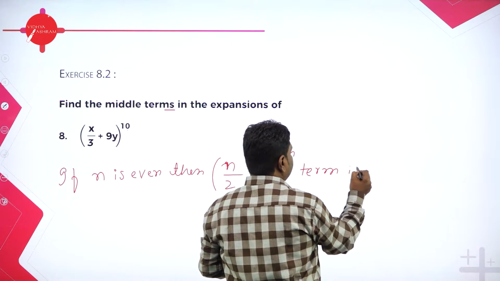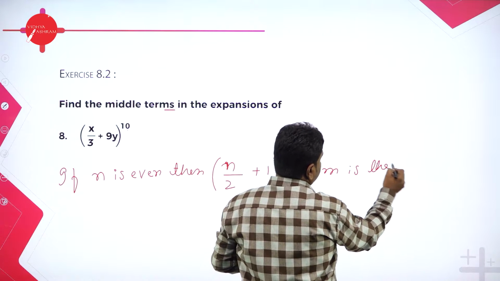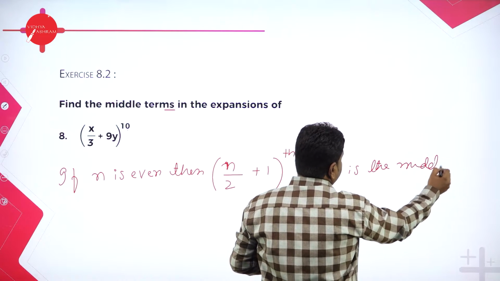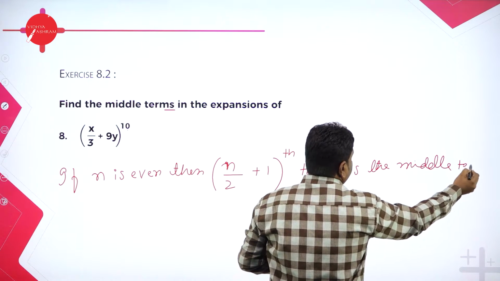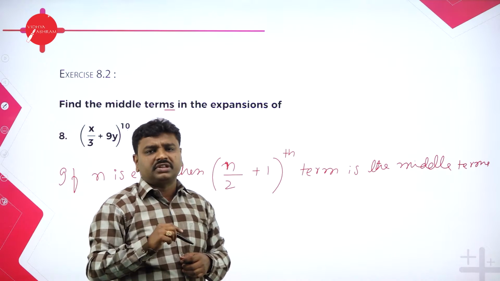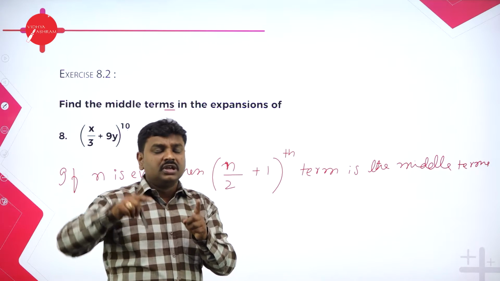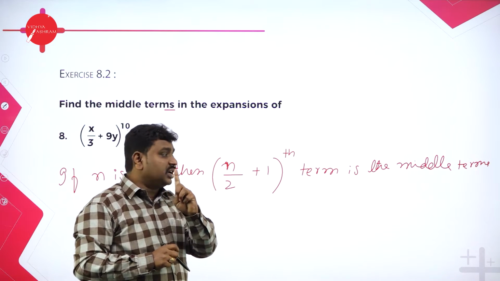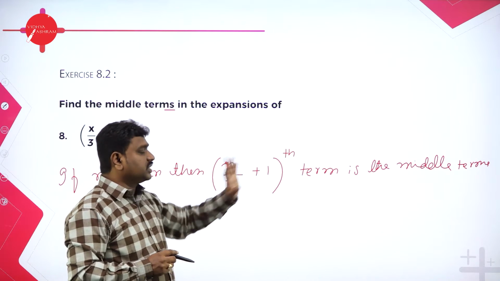So there I taught you, if n is odd, we'll have two middle terms, (n plus 1) by 2 and the next term. But if n is even, we'll have only one middle term, that is n by 2 plus 1th term.